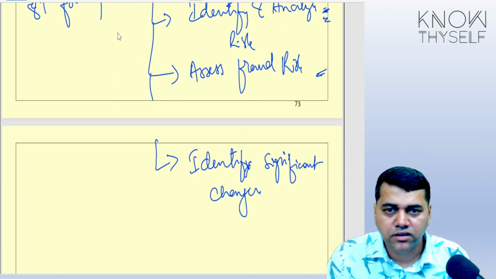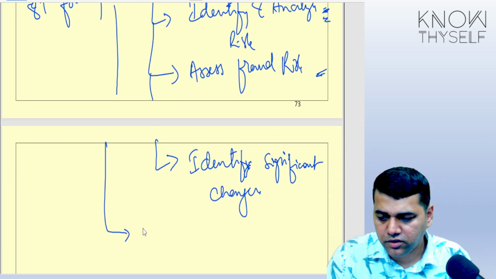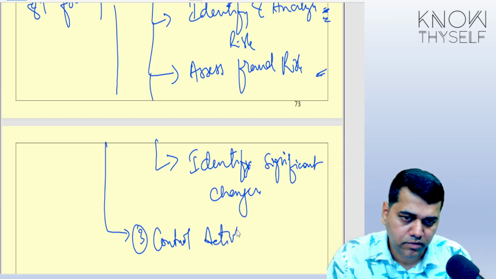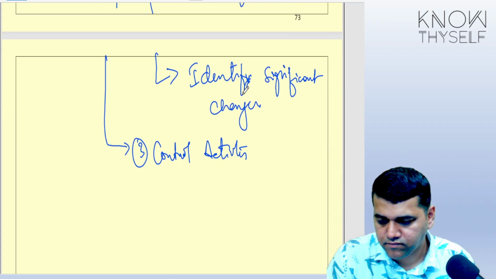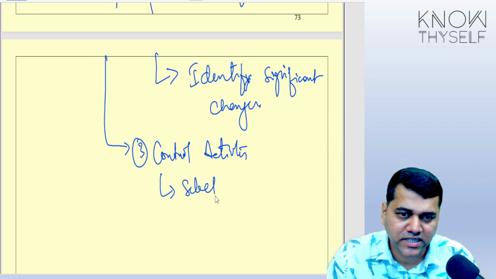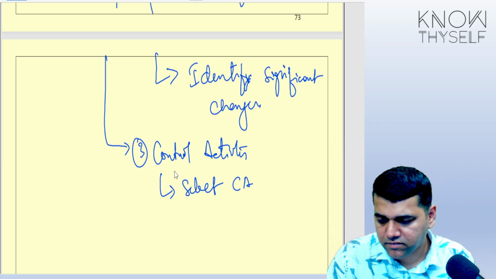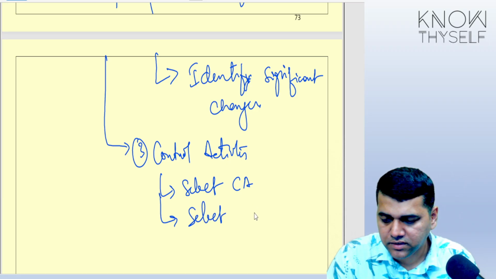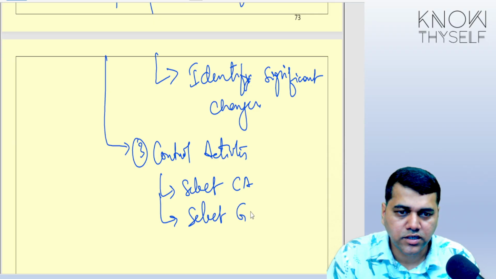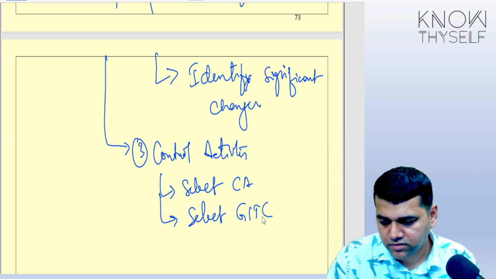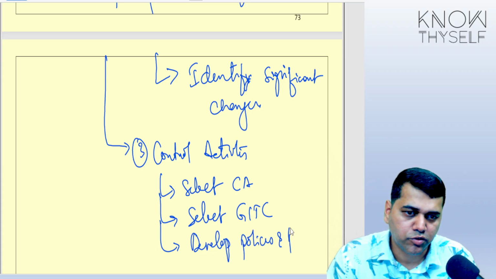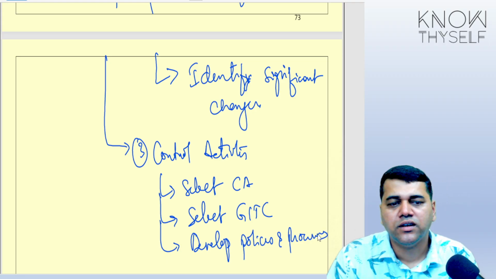The third, what we have got is called control activity. Select control activity. Select general IT controls. Develop policies and procedures. What do you mean by policies and procedures?